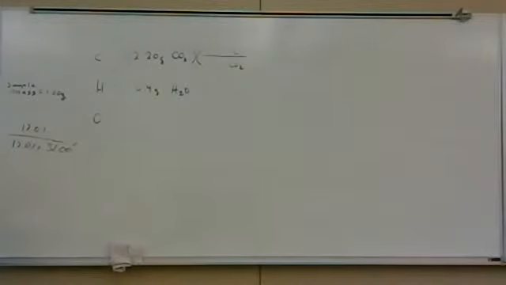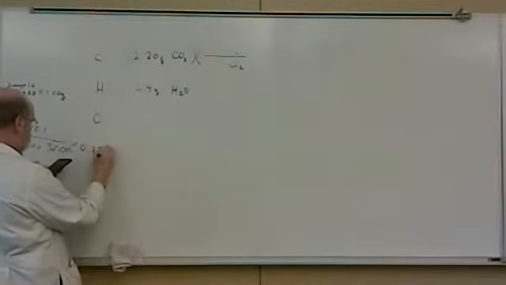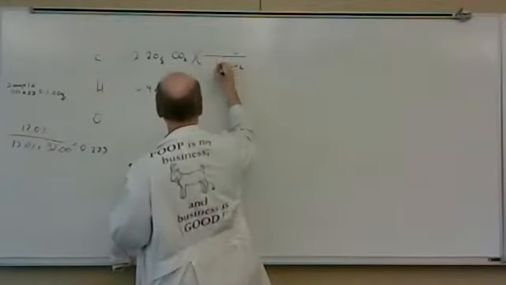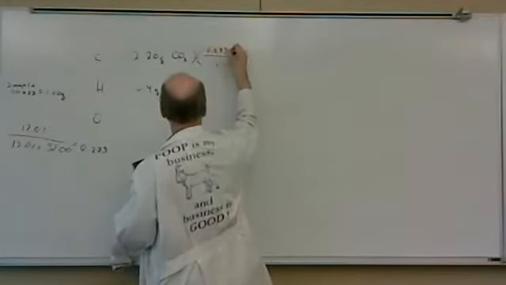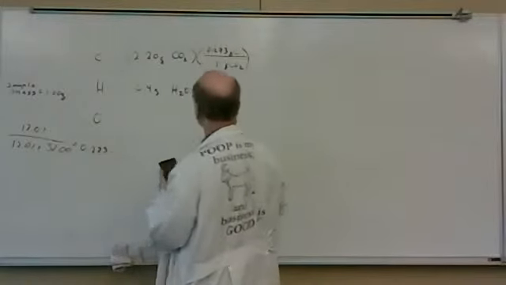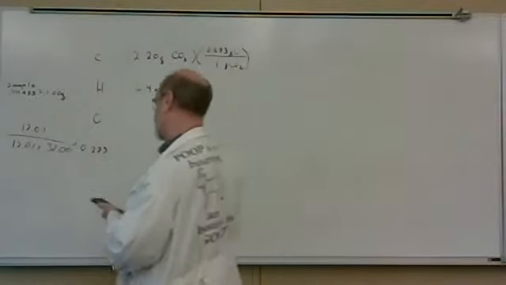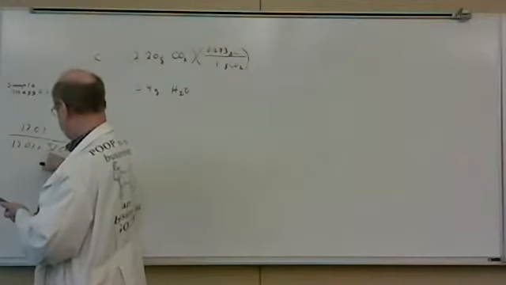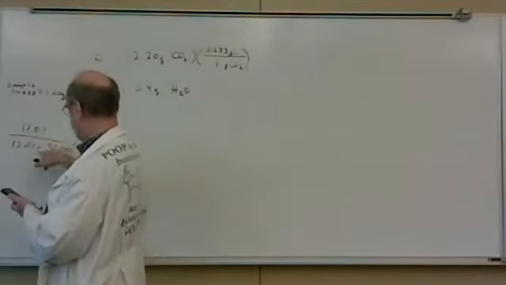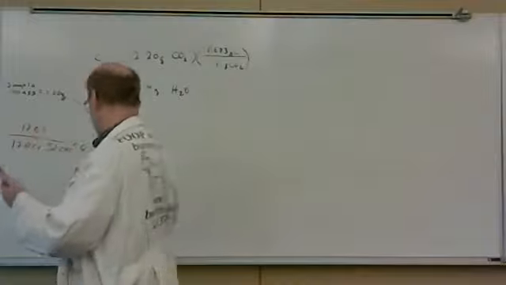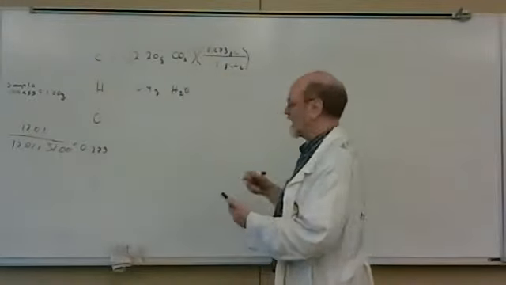So 12.01 and 32, just divide those, so that's 0.273 fraction. So for every 1 gram of CO2, we have 0.273 grams of carbon. I did my math right. That's about right. Got 1/4. I'm just checking myself, estimating.